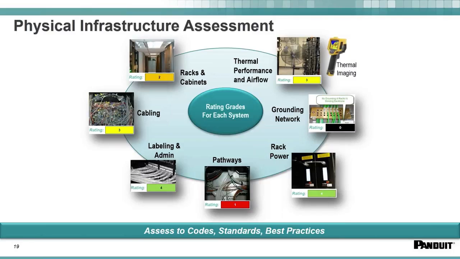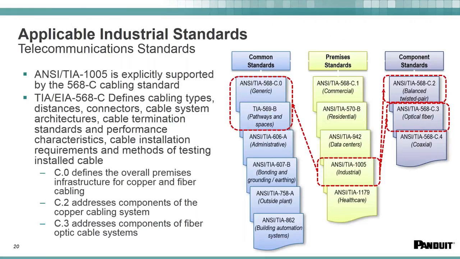Now, when we're doing this type of evaluation, we're not using our opinion, but we're actually evaluating against the applicable industry standards. On this slide, we've shown some of the different standards that are being used. There are some common standards provided by ANSI and TIA. And then for the OT side of things, there are some standards, the 1005, which are industrial standards that we utilize.